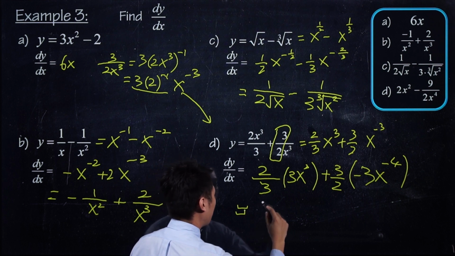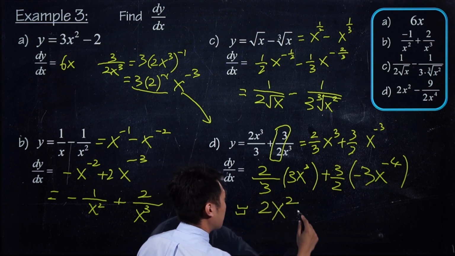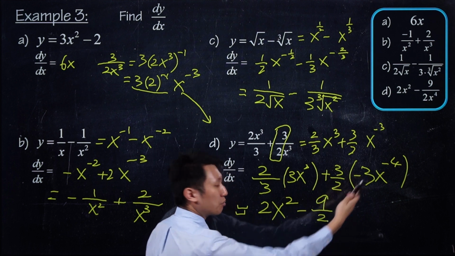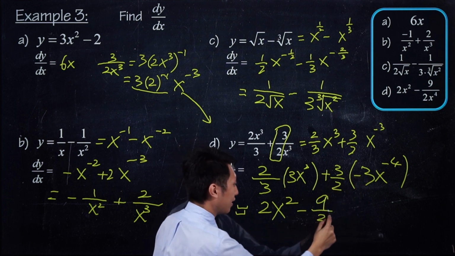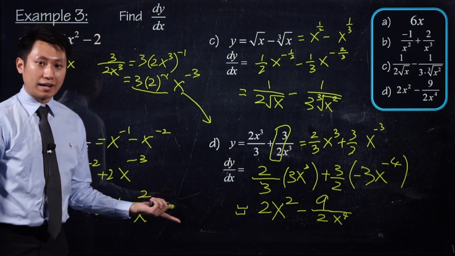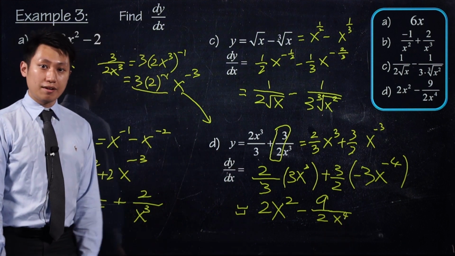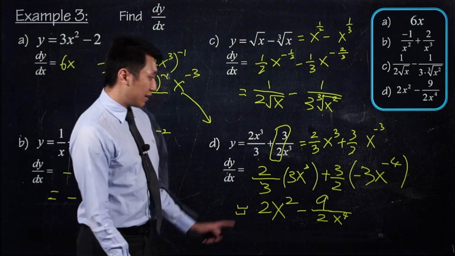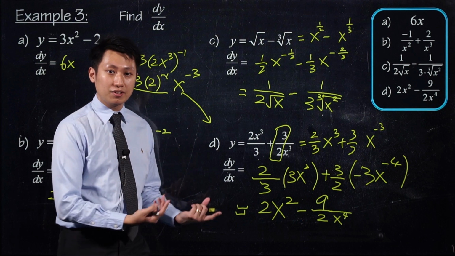So it's 2x squared minus 9 over 2 times x to the power -4, so I can write x to the power 4 below. Then that's what we get. You're fine with this? Happy? If you have anything, just pause the video and go back.